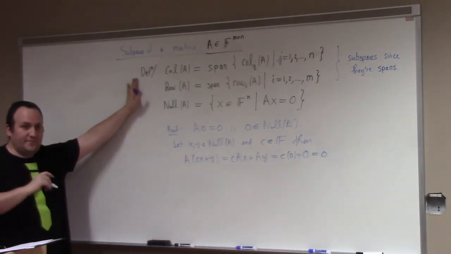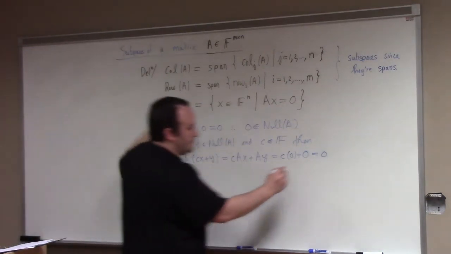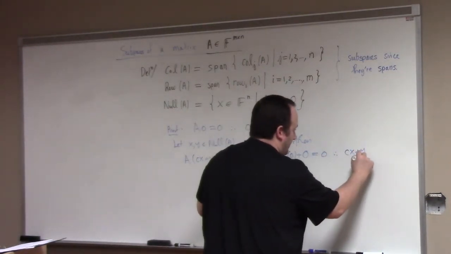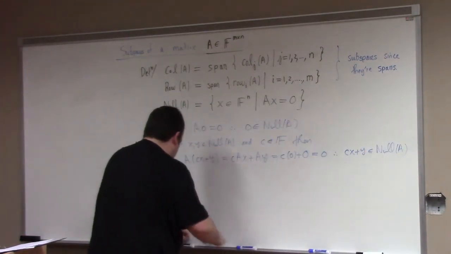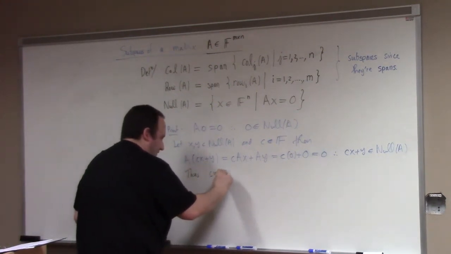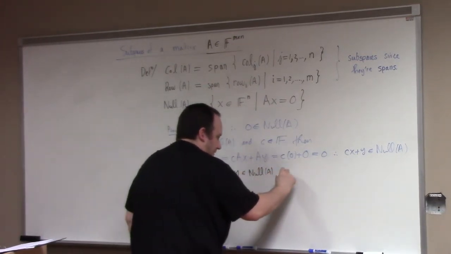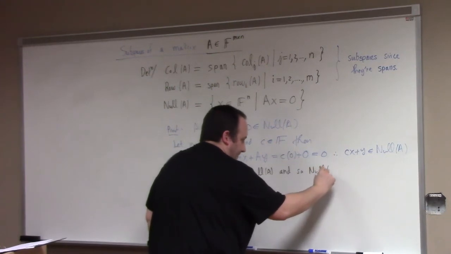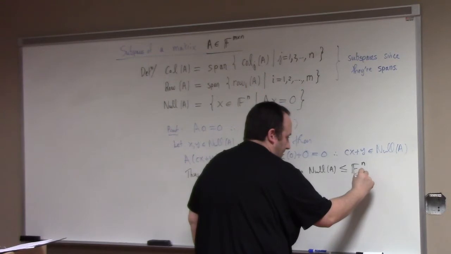What does that show me? That shows me that Cx plus y is, again, killed by A. It is in the null space. Thus Cx and also x plus y are in the null space of A, and so the null space of A is a subspace of F^n by the subspace test.